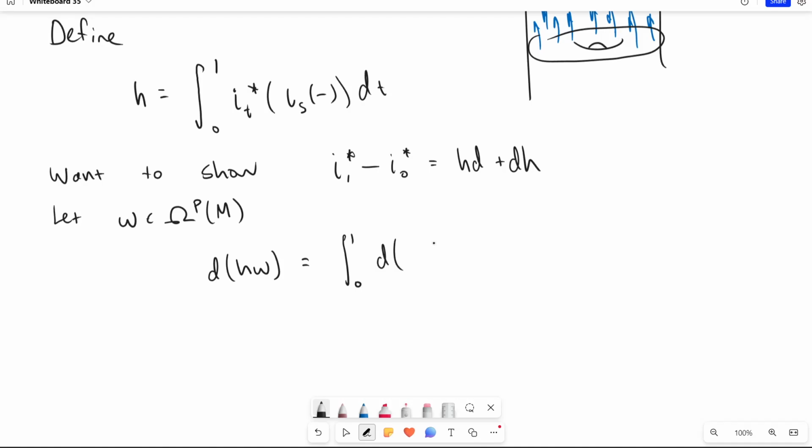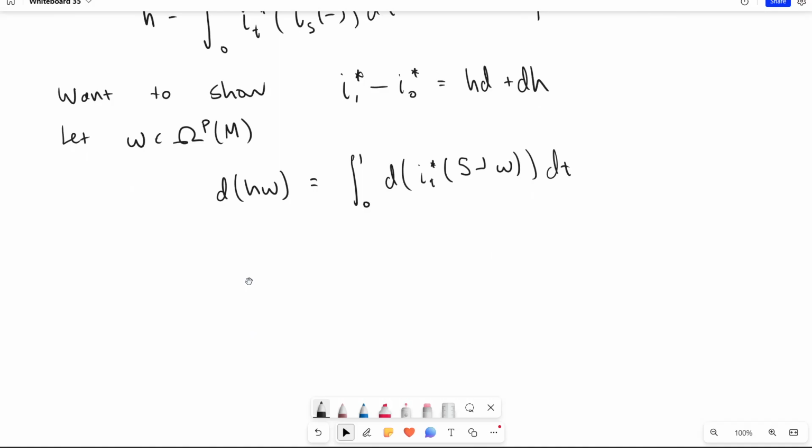This becomes an integral from 0 to 1 of I_t star of, I guess I'll use this notation for the interior multiplication to not confuse my i's with iotas, omega dt. And then on the other hand, well, maybe I'll just write everything together.